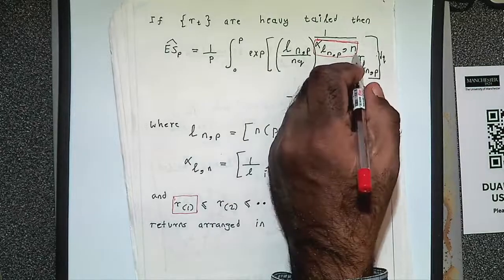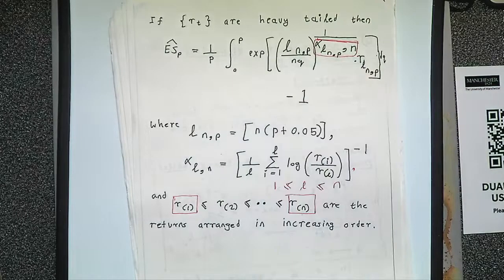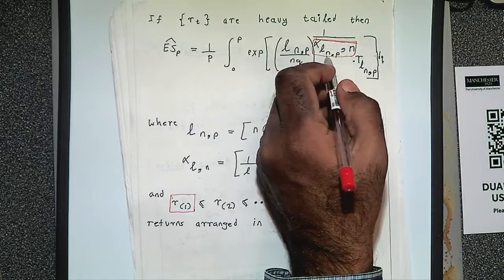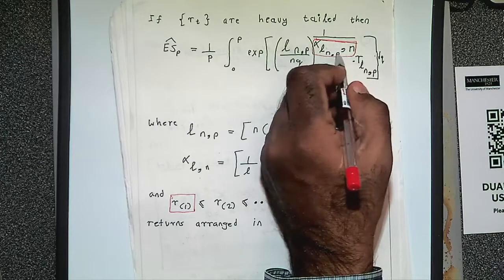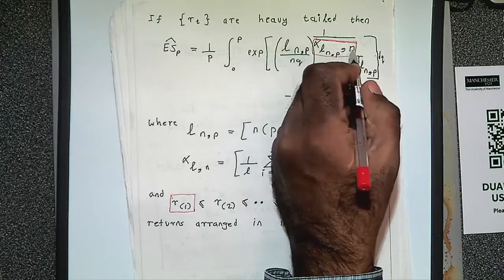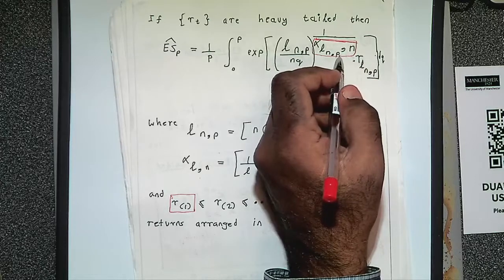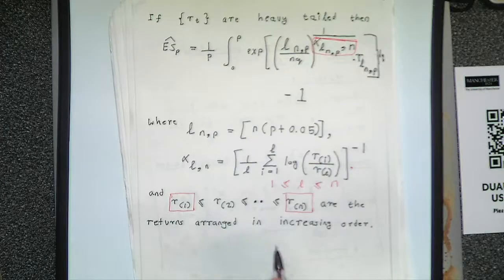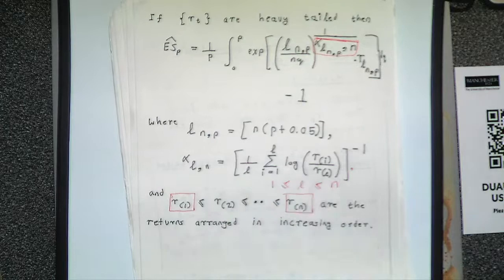And the second subscript is n. N is the number of data or number of losses, right? You follow me? So this being the first subscript, this being the second subscript. And this is the definition of alpha.